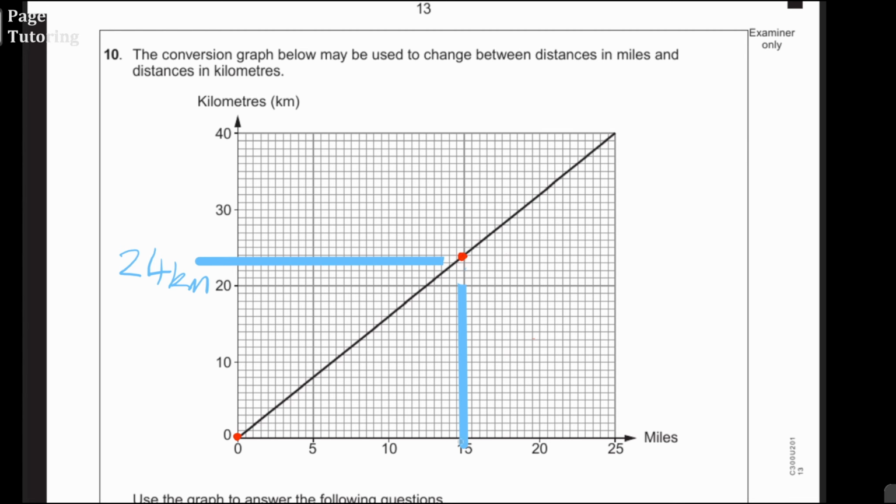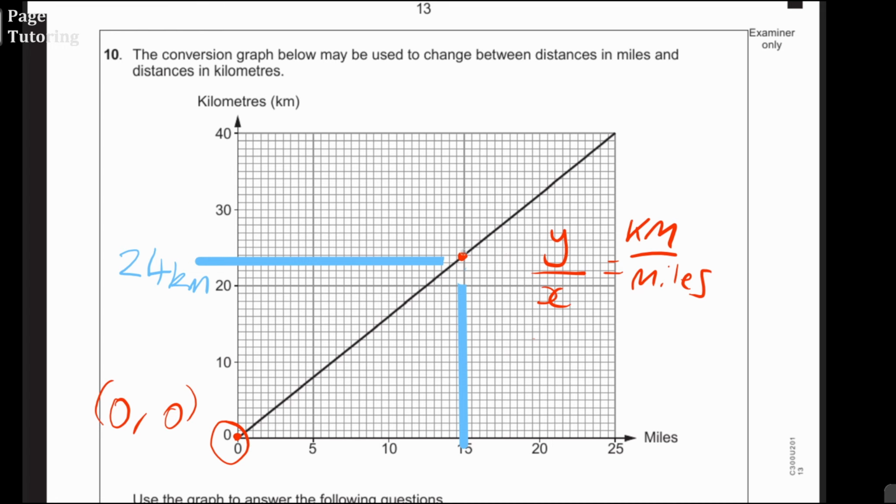So the y value here minus the y value here, well, the y value here is just 0. The x value here is just 0. So actually, what you end up doing is you'll just do your y value over your x value. Or, in this case, kilometers at one point over miles.